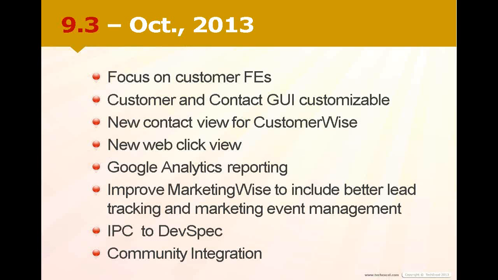So basically, you can submit your tickets or events for contact only. So those contacts doesn't have companies. And to enhance what we have done in 9.2, we would like to add a new view called the web click view, and add a couple of reports for Google Analytics data.